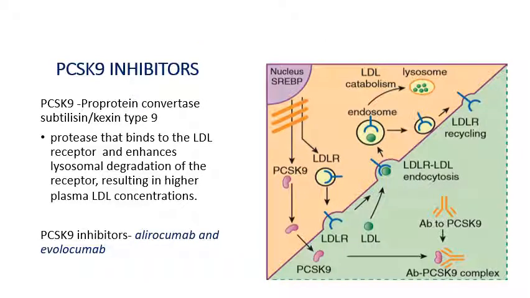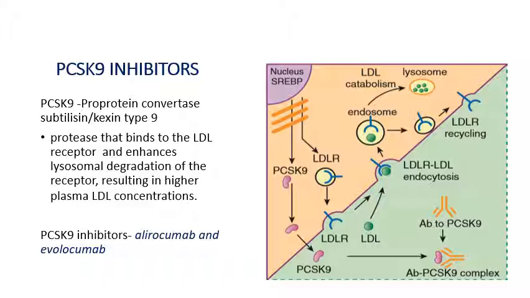Another recent development is the PCSK9 inhibitor. PCSK9 means proprotein convertase subtilisin kexin type 9. This is a protease which binds to the LDL receptor and enhances the lysosomal degradation of the receptor.